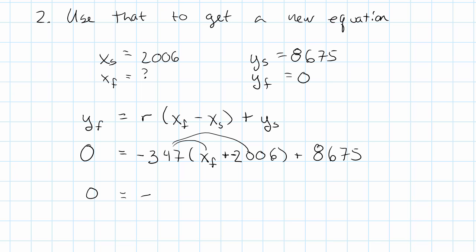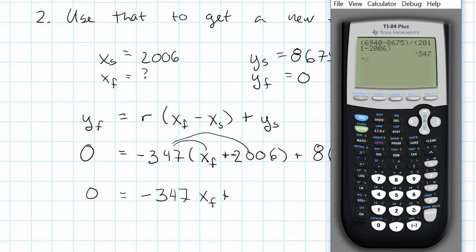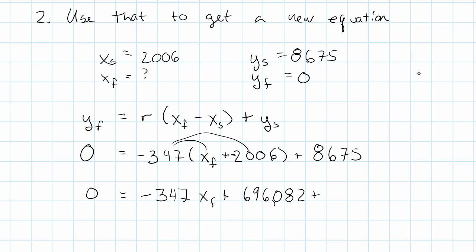Here I have negative 347 times XF plus negative 347 times negative 2006 equals 696082 plus 8675.